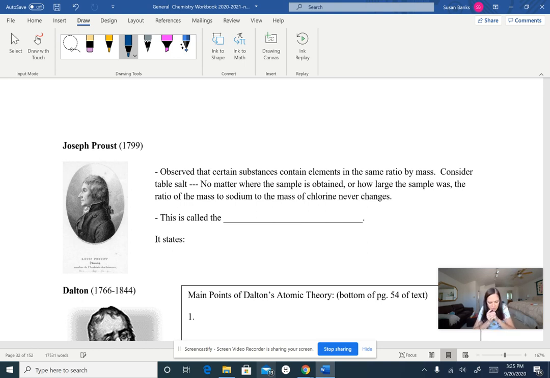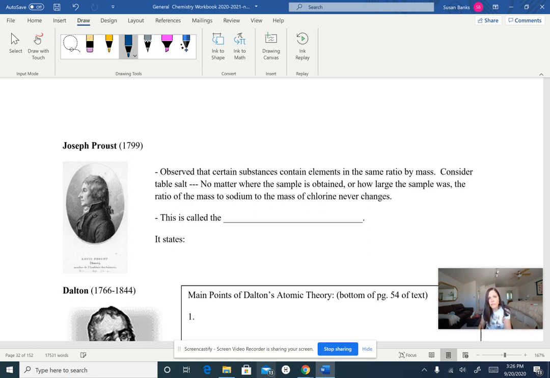So consider table salt. He looked at table salt that was found in the Mediterranean Sea, the North Sea, the Atlantic Ocean, the Indian Ocean, the Red Sea. Regardless of where he found the salt, he found the same ratio of sodium to chlorine.